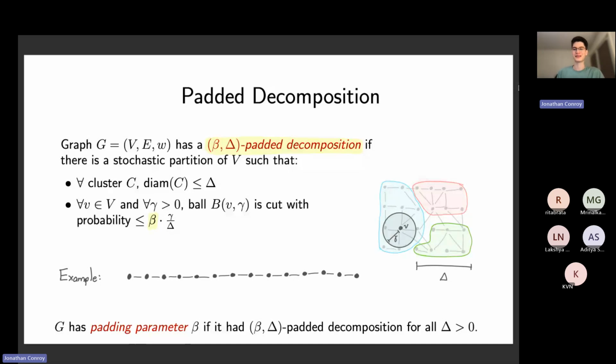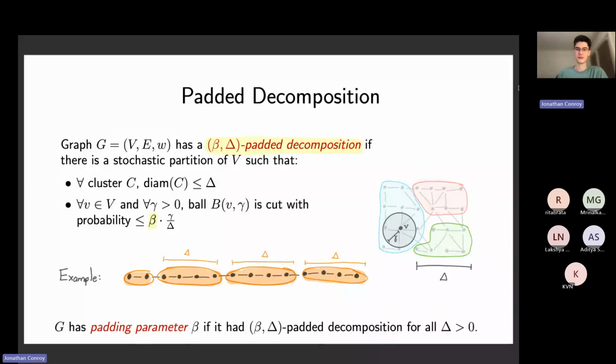Basically, if you want to cut this into chunks of diameter delta, all you can do is cut every delta edges, and then maybe wiggle the whole construction a bit to make it random. So maybe you have some random offset, and then you just cut every delta edges. This means if you have an unweighted path, every edge gets cut with probability exactly 1 by delta, let's say.